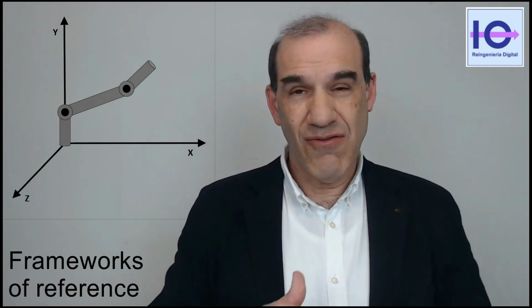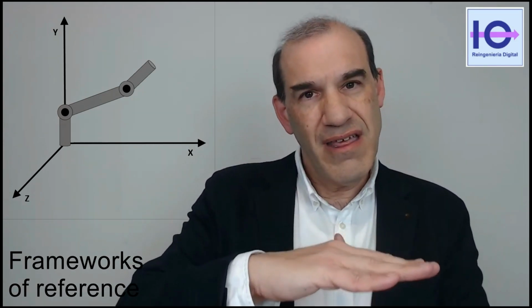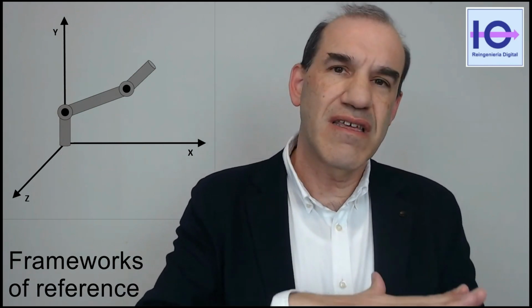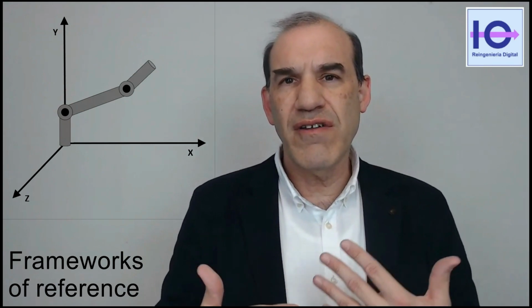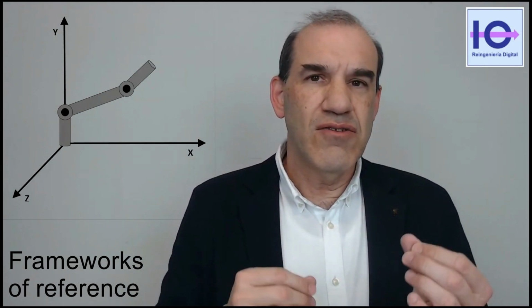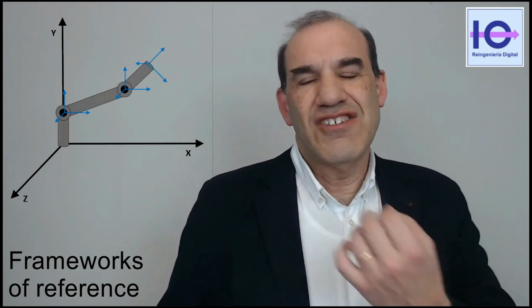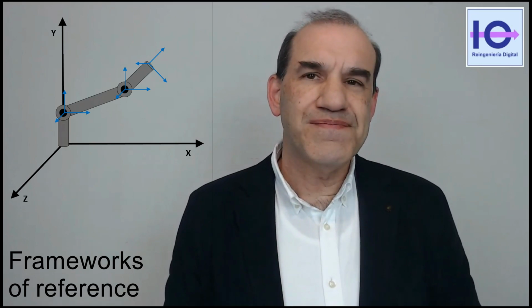And you define one, let's say, basic framework of reference, usually where the robot is grounded, especially in industrial manipulators, but you also need another framework of reference that you position, for example, in what is the shoulder, the elbow, or the wrist of the robot.